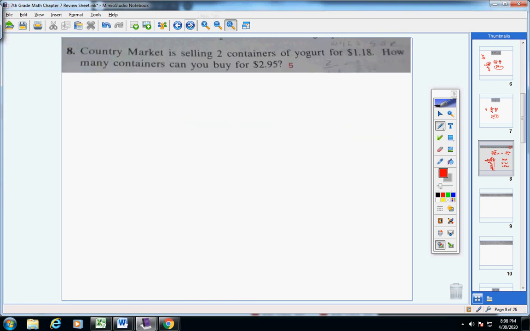All right, number 8. Okay, Country Market is selling 2 containers of yogurt for $1.18. How many containers could you buy for $2.95? Now, guys, ratios. Look at this. 2 containers for $1.18, right? So write that down. 2 containers for $1.18.